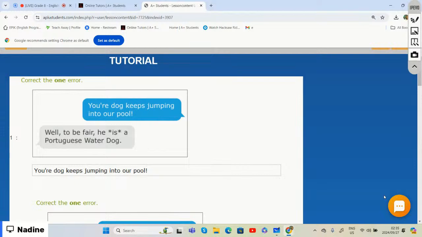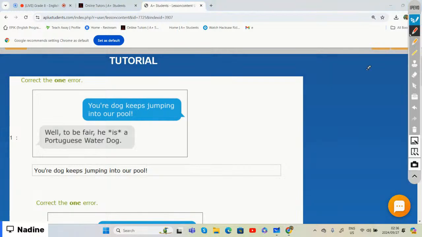All right, if we look at the conversation that these neighbors are having, and look at this first one, the word that I just underlined is a contraction and it means you are.